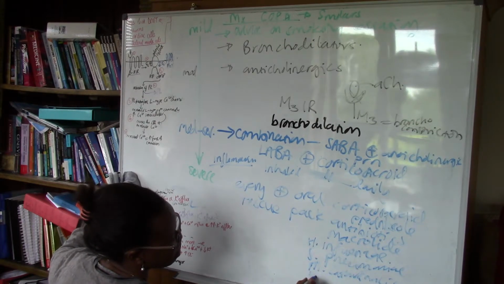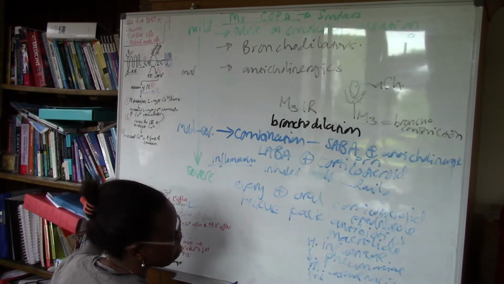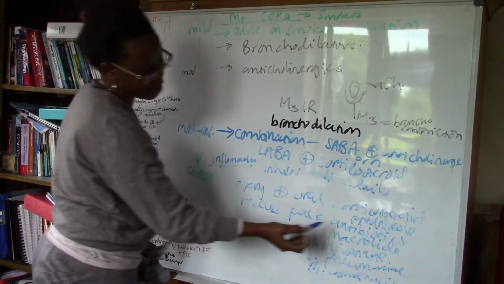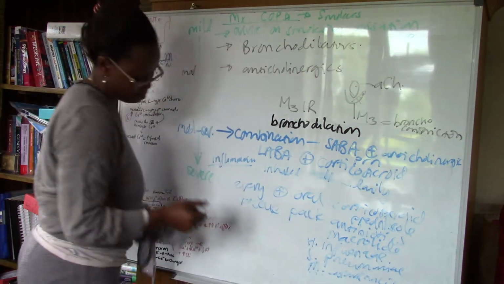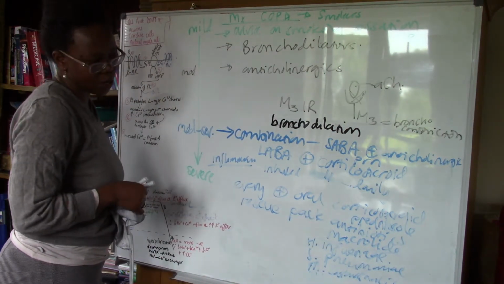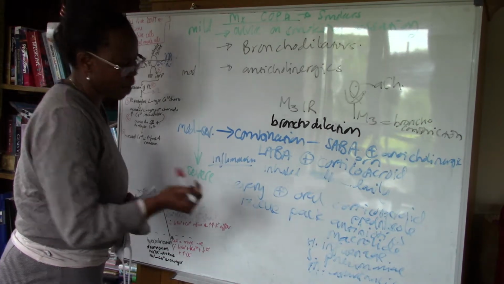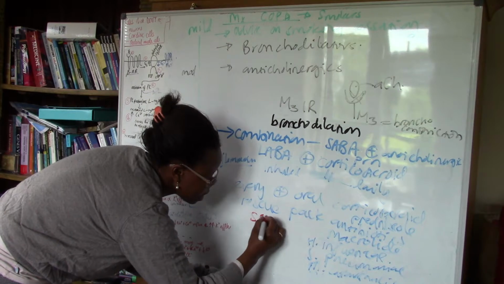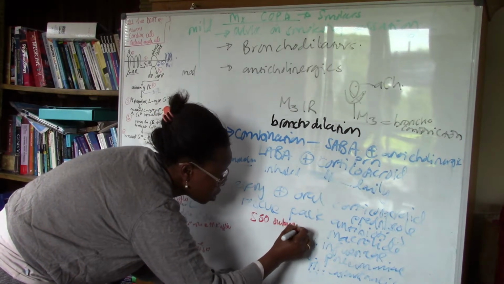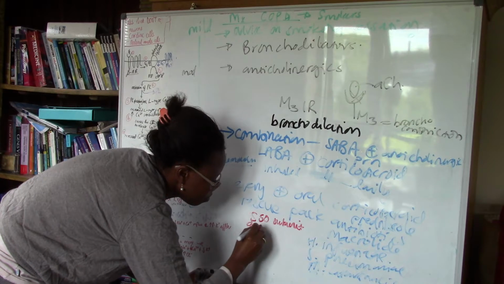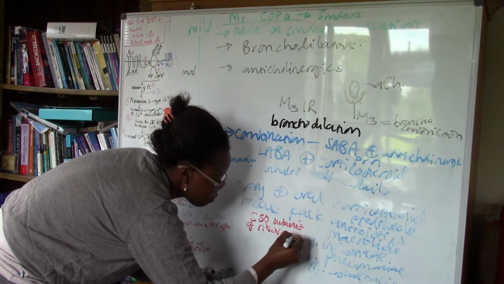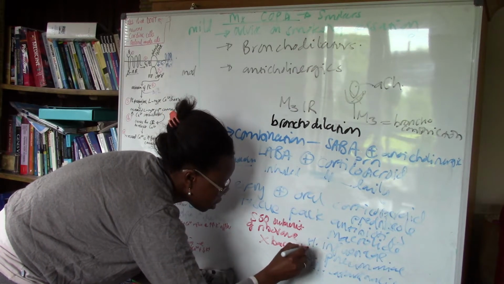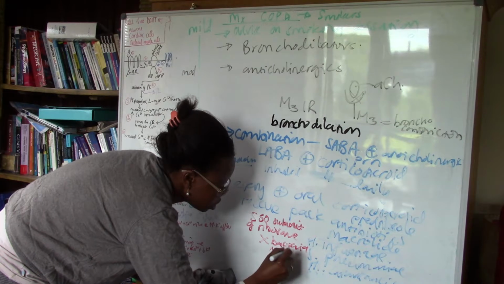They can get things like pseudomonas, but usually these are the infections they get, and they respond very well to macrolide antibiotics, which work by inhibiting the 50S subunit of the ribosome, thereby inhibiting bacterial multiplication.